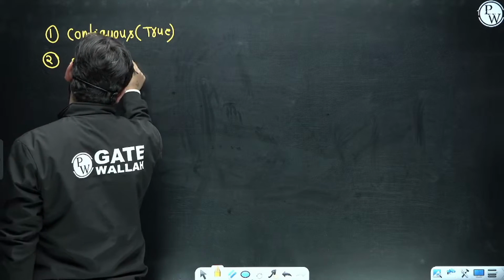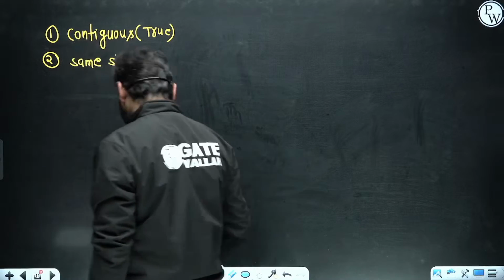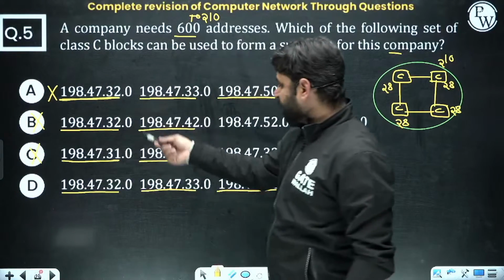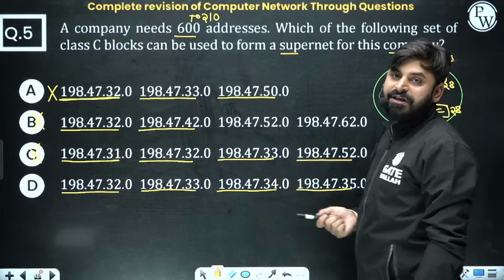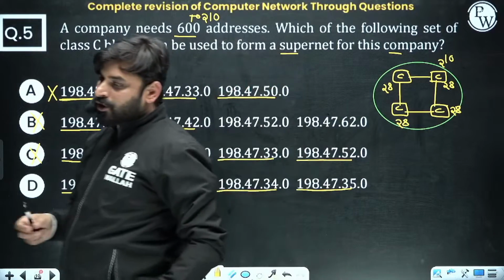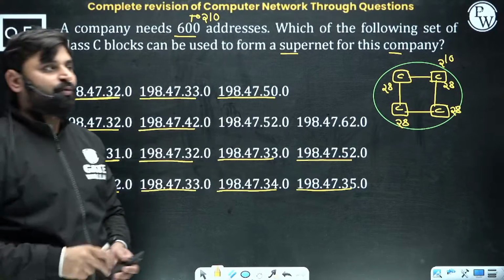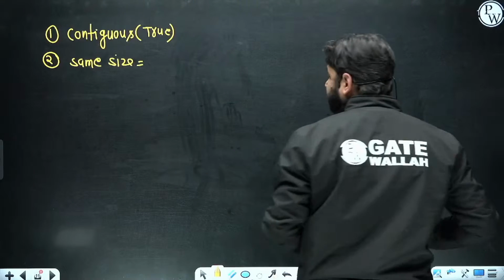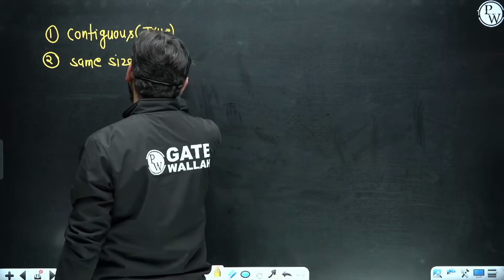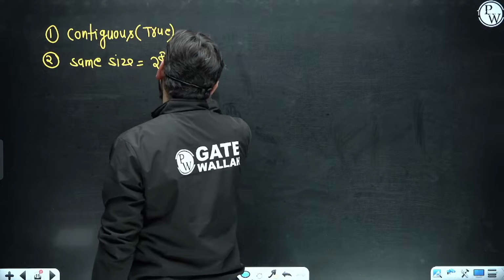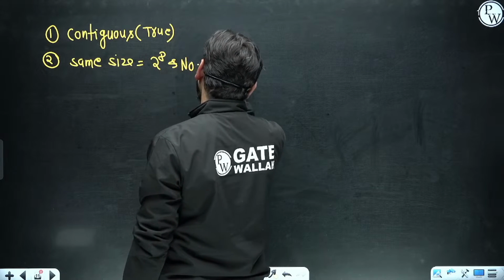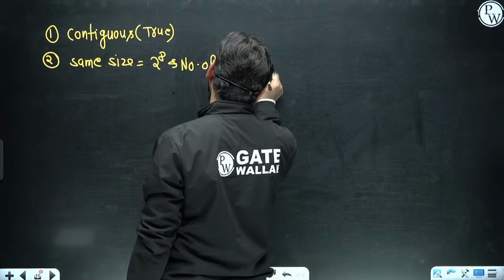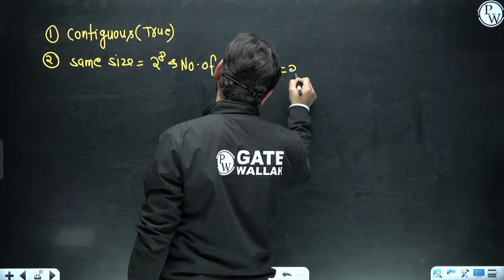Same size, yes. Why is it the same size? Class C host ID has how many bits? 8 bits. So the number of IP addresses in each block is 2 power 8. Same size. And the number of networks is 4, which we can say is 2 power 2.